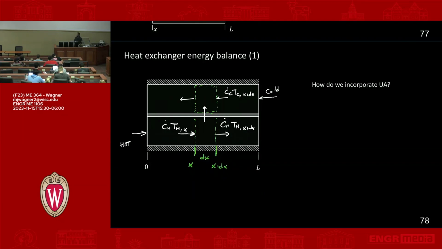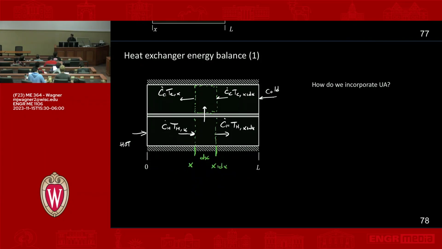Hopefully that makes sense. We're focused on how we've drawn it and where we position things. So now C dot C, TC at x over here. In one case x corresponds with going in, and in the other case x corresponds with going out of the control volume. But okay, we just walk through this now, and we're going to get the control volume energy balance, and then develop an ODE from that.